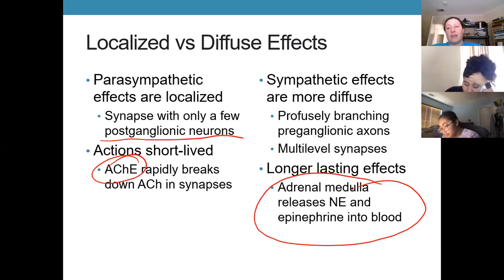And that's going to prolong the effect because they're going to circulate in the blood for a while and they're going to also be triggering these systematic effects of sympathetic stimulation. Okay, so even in the specificity of their effects and the duration of their effects, they're very opposite to each other.